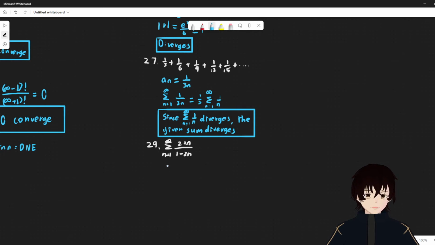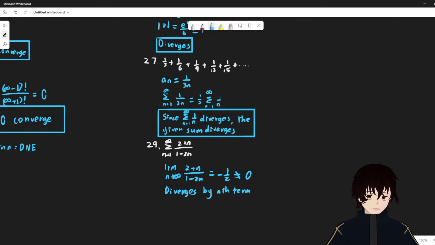The limit as n approaches infinity of 2 plus n over 1 minus 2n is equal to negative 1/2, which is not equal to 0. This diverges by nth term test.